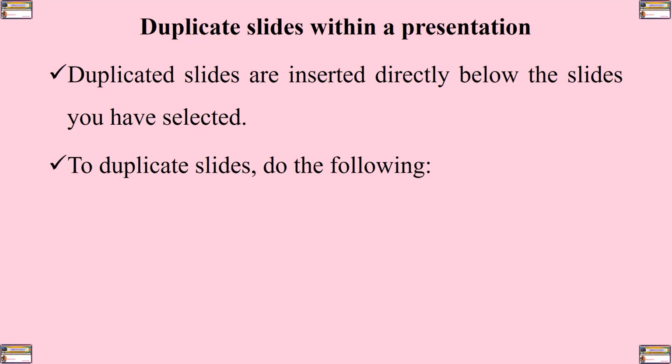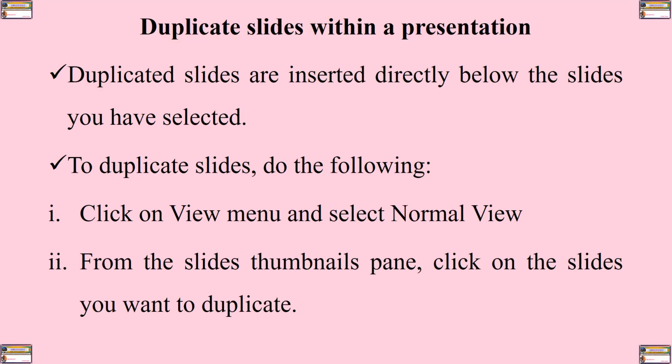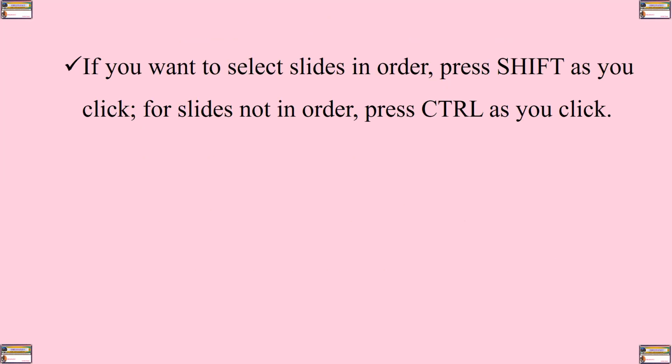So to duplicate the slides, you do the following. You click on the View menu and then select Normal view. From the slide thumbnails pane, you click on the slides you want to duplicate. If you want to select the slides in order, or several of them consecutively, you press Shift as you click.